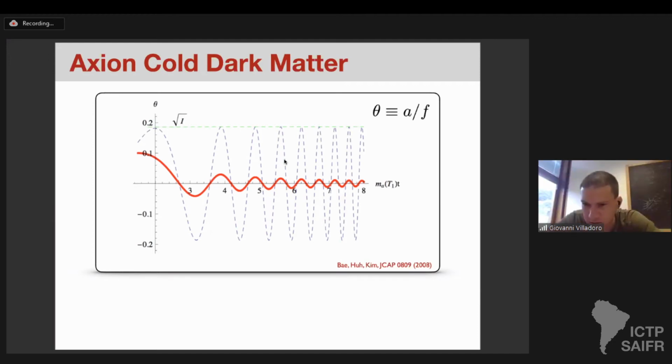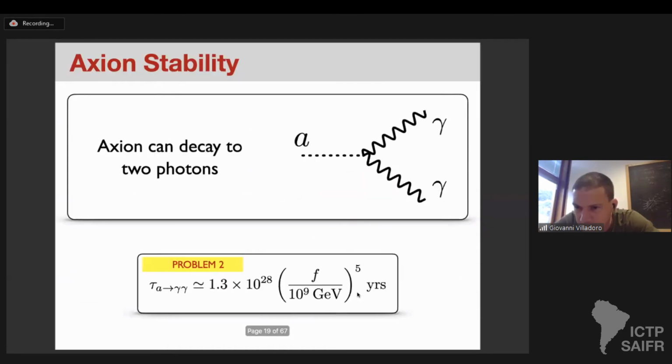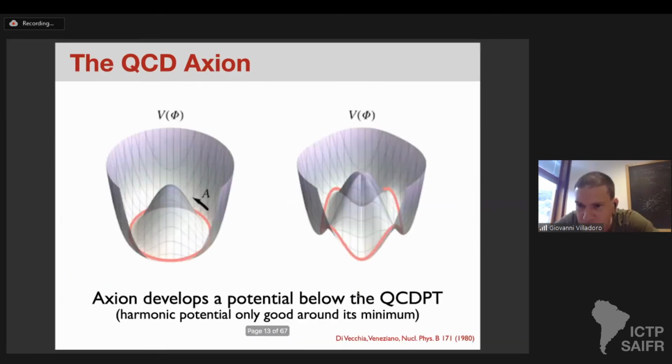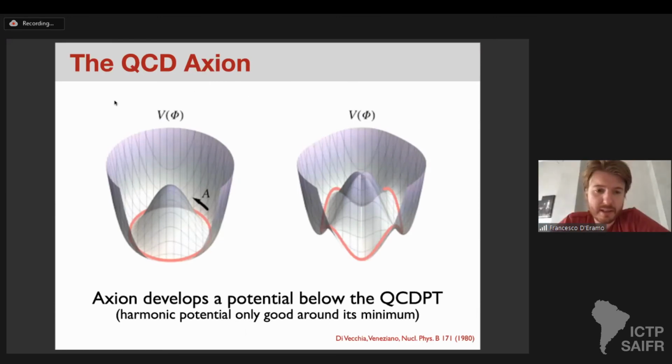Then there is a question by Anupam. It says, if axions are Goldstone bosons, then they should oscillate around the minimum of the potential, so there should be no change. What makes the difference here? Sorry, you say oscillate around a flat potential. The axions are pseudo-Nambu-Goldstone bosons, so not just Goldstone bosons.